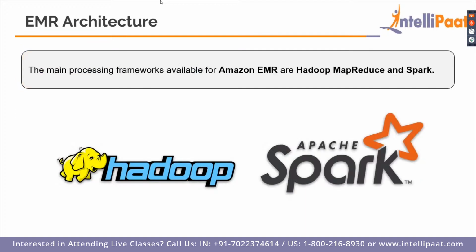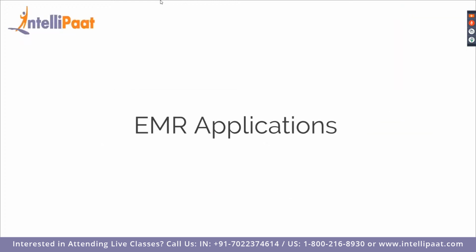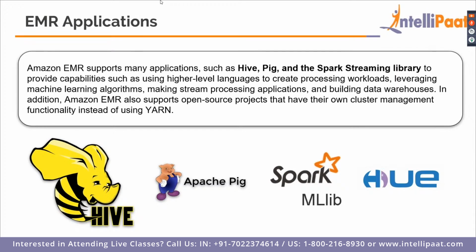Okay, so the main processing frameworks available for EMR are Hadoop MapReduce and Spark. One more thing, the most popular frameworks are Hadoop and Spark. There are other frameworks which you can use on EMR as well, but the most popular ones are Hadoop and Spark. Now, what are the other applications available on EMR?